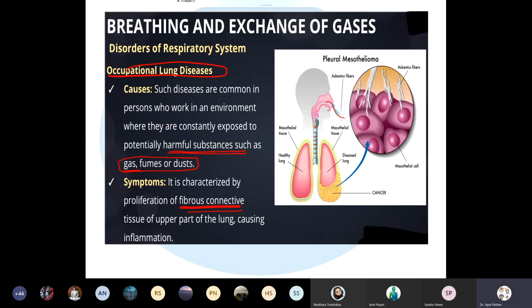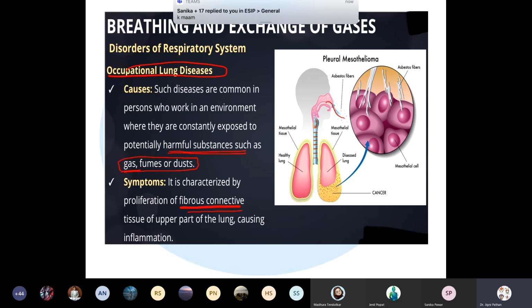Write it down: serious lung damage due to fibrosis of the upper part of the lungs. Fibrosis means connective tissue gets multiplied. That's the reason the occupational lung disorder comes into existence.